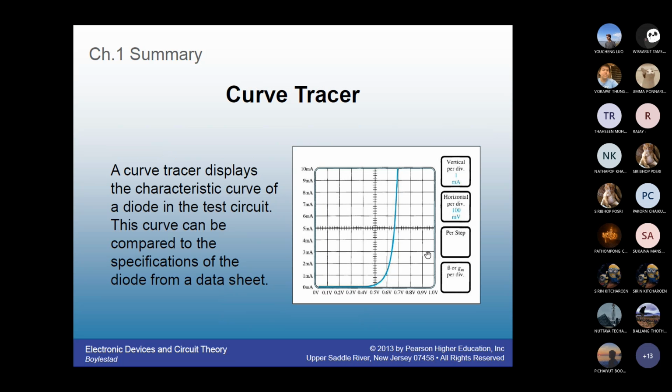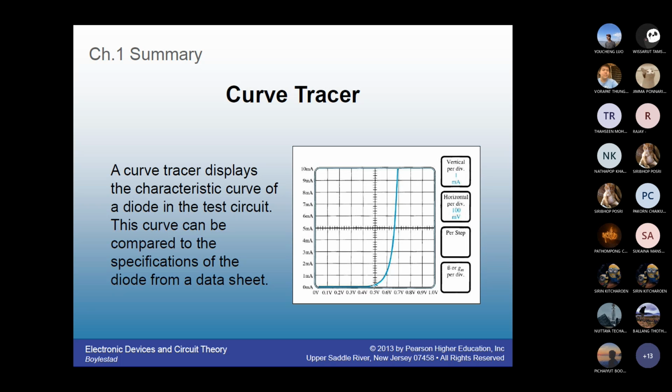A curve tracer is a special type of equipment in the lab. If you put any device there, maybe a diode or an amplifier like a JFET, which we'll study after the diode, it should show you the characteristic curve of that device. So what are you looking at now on the screen? If you see this blue curve, what does it remind you of?